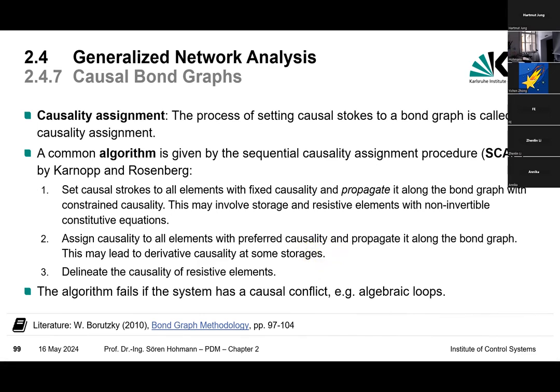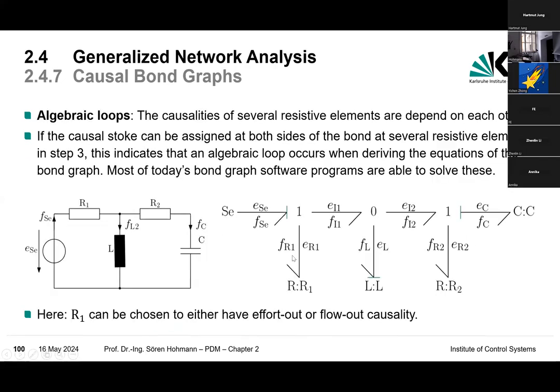And then you try to propagate the causality through the bond graph and try to avoid derivative causality. And at last you have to finally define the causality of the resistive elements. This is helpful because the resistive elements are the elements with the most flexible causality. You can put it on the bond on either side. And sometimes this algorithm fails. We look at this in a second.